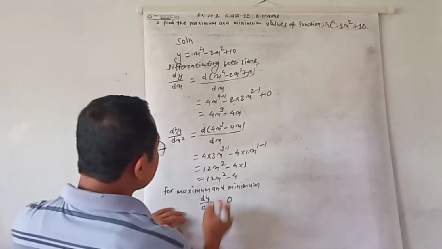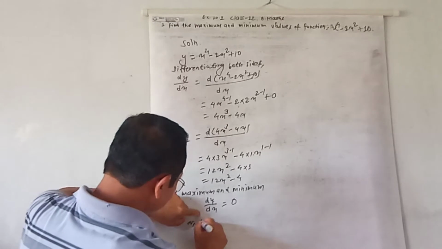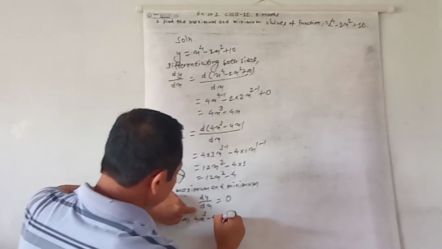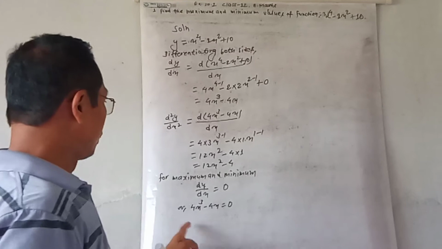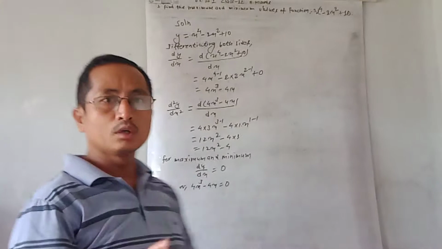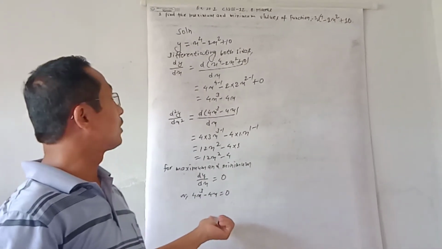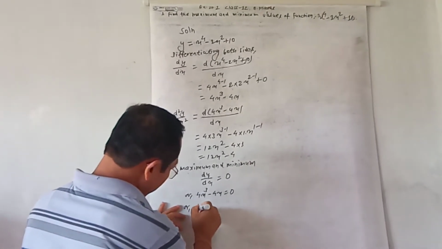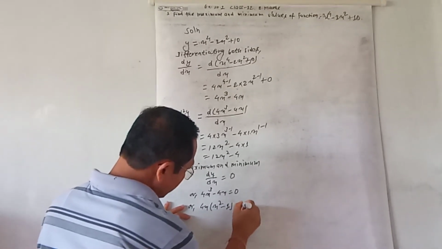So the first derivative is 4x cube minus 4x is equal to 0. Now we have to solve for x, I mean find the value of x in order to find maximum and minimum. We can take 4x common, then here will be x square minus 1 equal to 0.